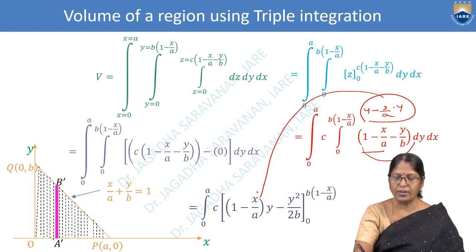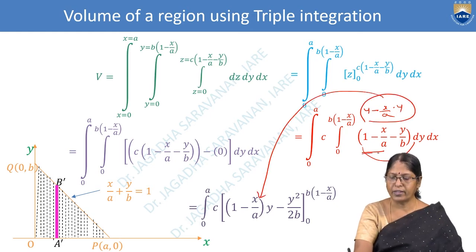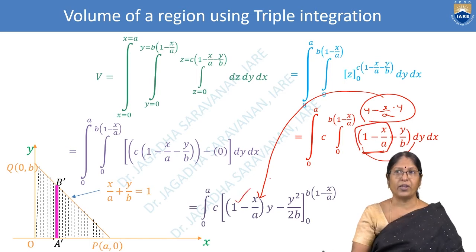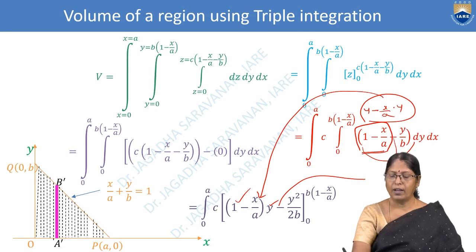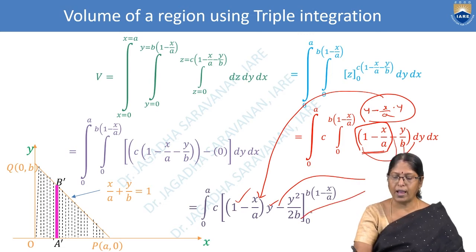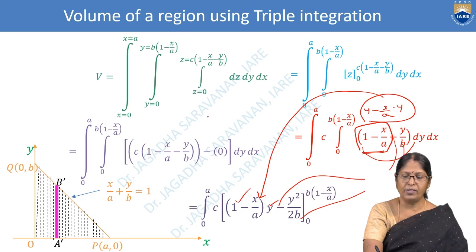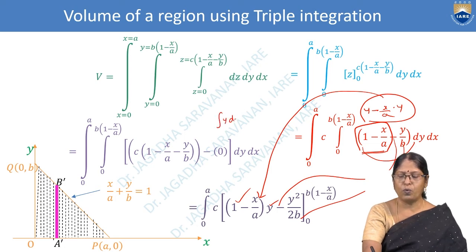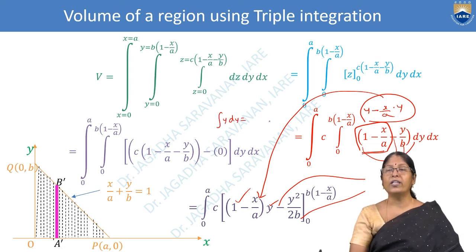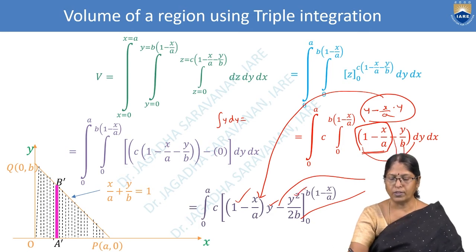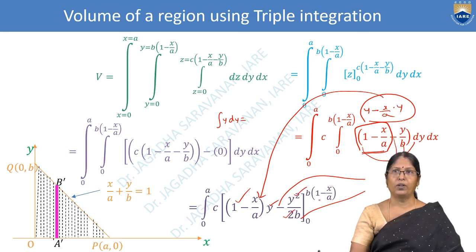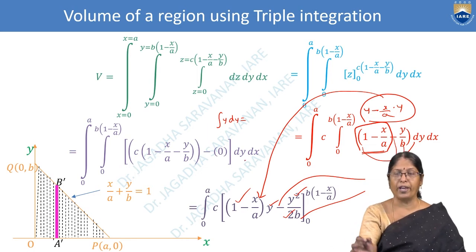That is (1 − x/a) into y. This minus sign is as it is, and b is as it is. The integral of y dy is nothing but y square by 2. So we completed the integral with respect to y.